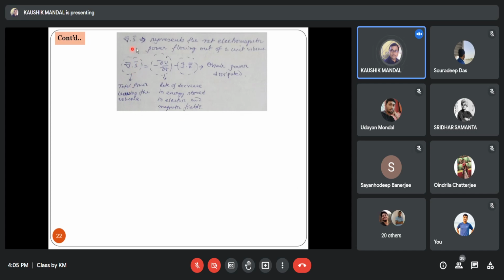Divergence of S represents the net electromagnetic power flowing out of a unit volume. So this divergence of S is representing the total power leaving a particular volume. What about this del U del T? It is representing the rate of decrease of energy stored in electric and magnetic fields. What about the second term?